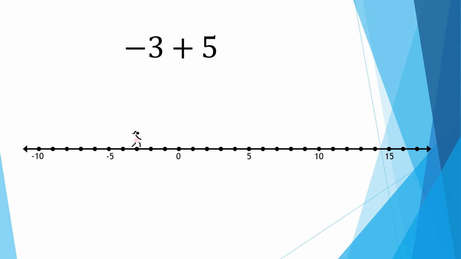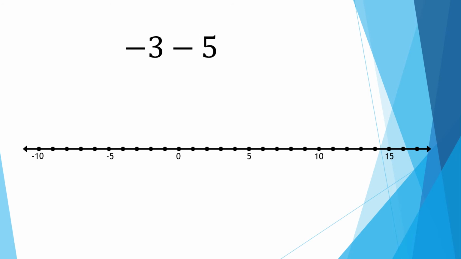And since it's a plus symbol, it means I don't turn around. And then the +5 means I take 5 steps forward. So you have 1, 2, 3, 4, 5. Does that make sense? Yeah. And that's equal to? It's equal to +2.